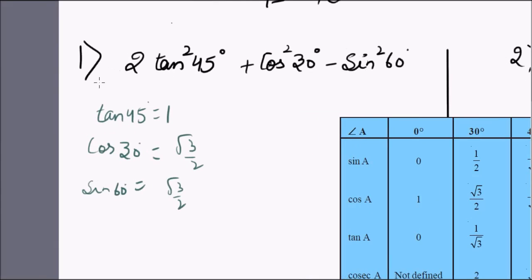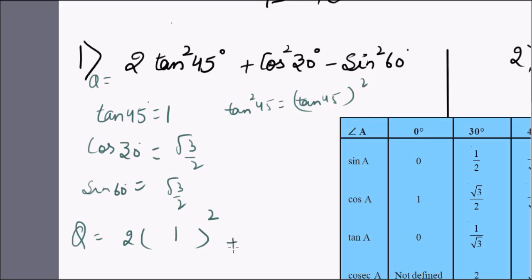So the expression becomes 2 tan square 45, which is nothing but tan 45 whole square, so 1 square plus cos 30 degree, root 3 by 2 whole square, minus sin 60 degree whole square, that is root 3 by 2 whole square.